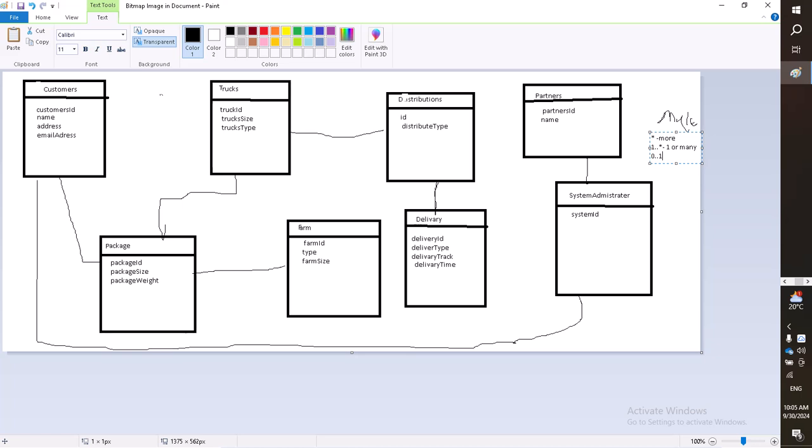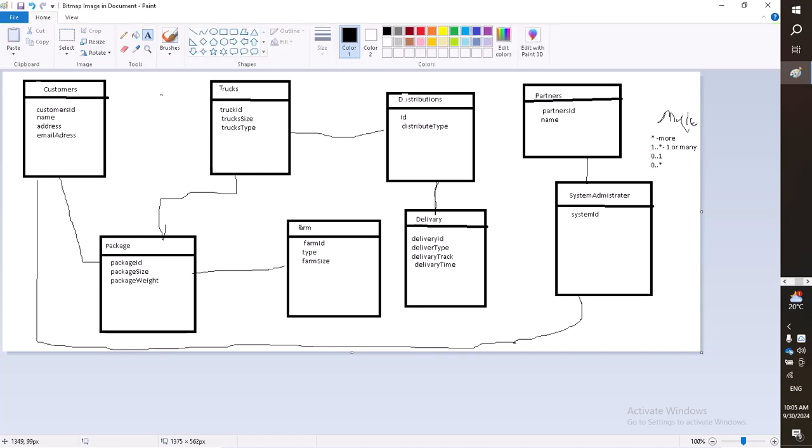And the last one, we have 0 or many. These are the 4 types of multiplicity. These are the relationships. This is how you show that all of these things have a relationship.